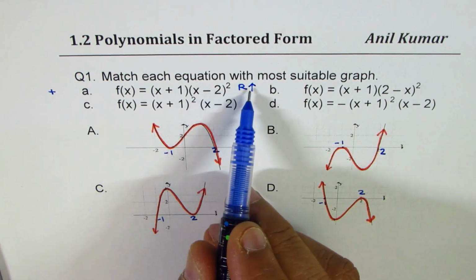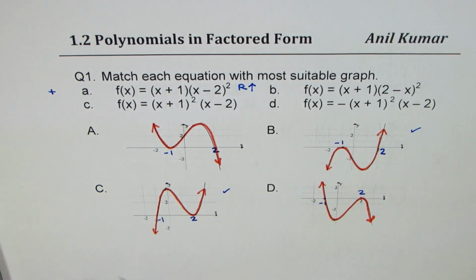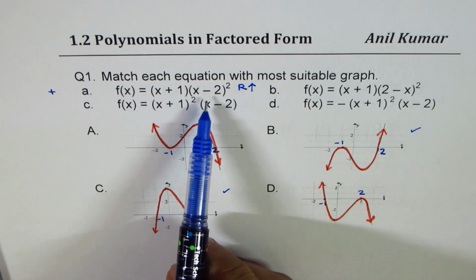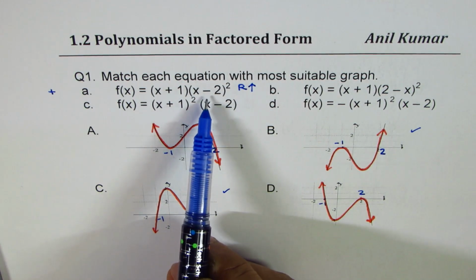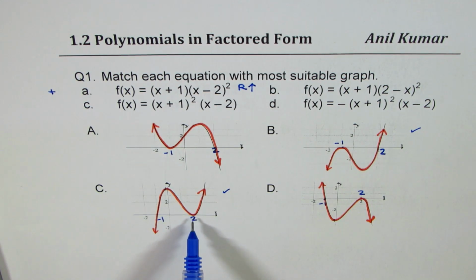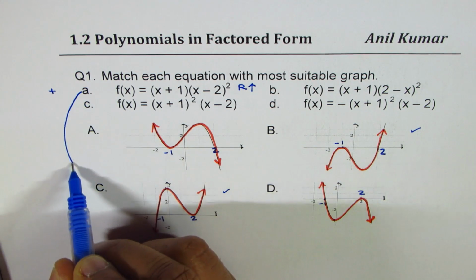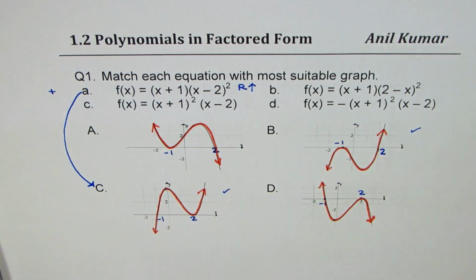So when I say right side is up, we are looking into these two options. Perfect. Now here we have a double zero at x equals 2, and that makes us option C, right? So A is linked with option C. Perfect. It's that simple.